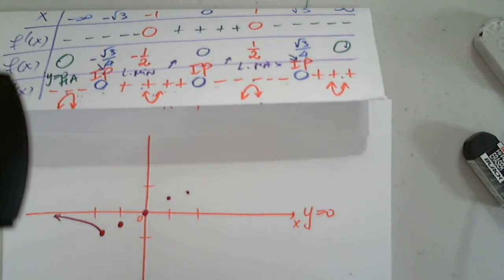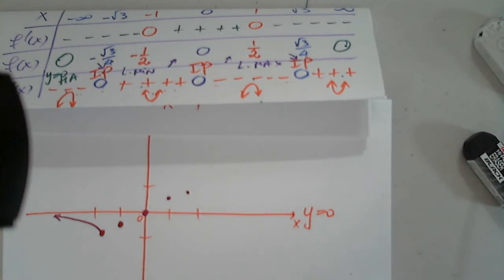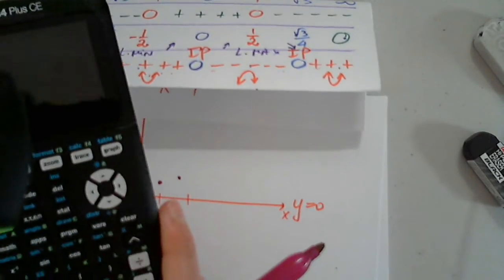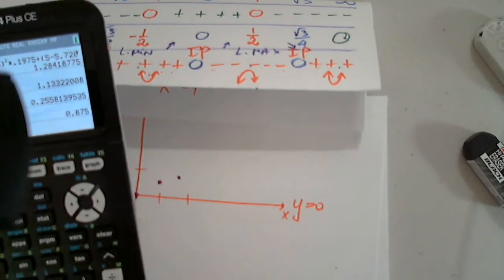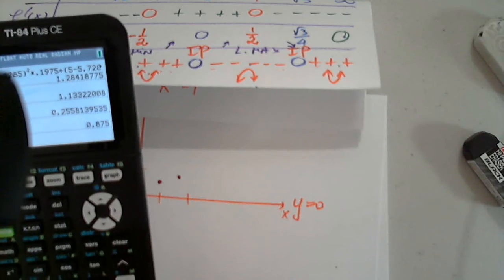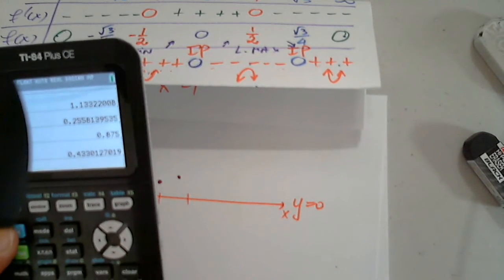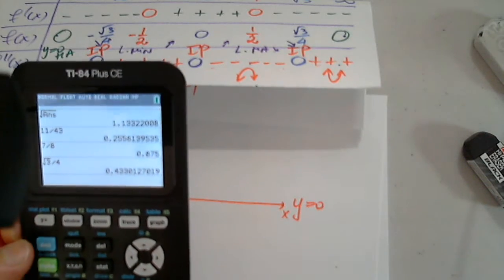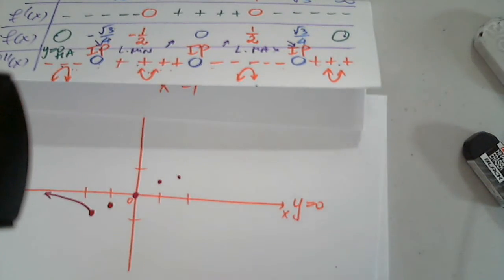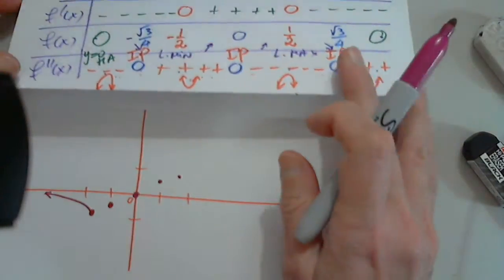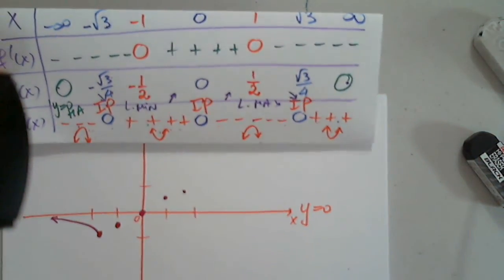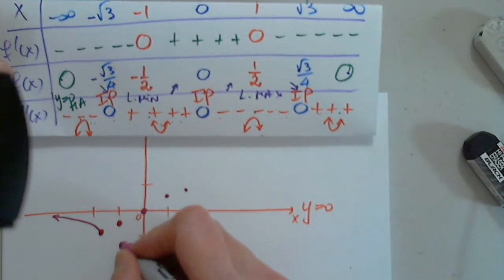So just to make sure, I just want to divide the square root of 3 by 4. Ah, it's smaller than 1/2. So in that case, it's over. Yeah, that's good. Just to make sure. So this point is lower.